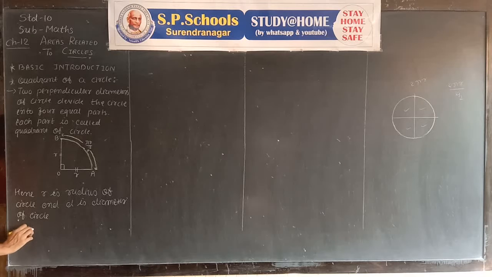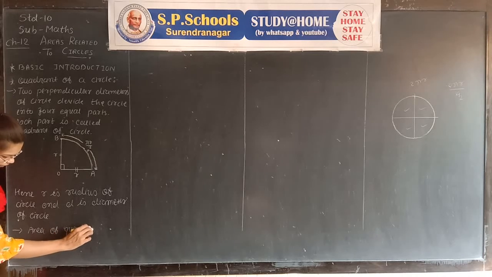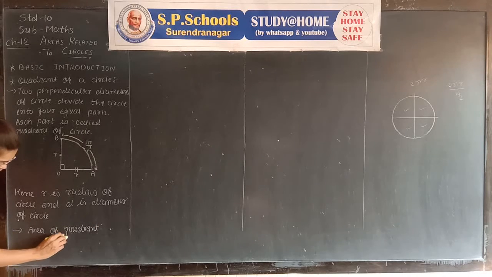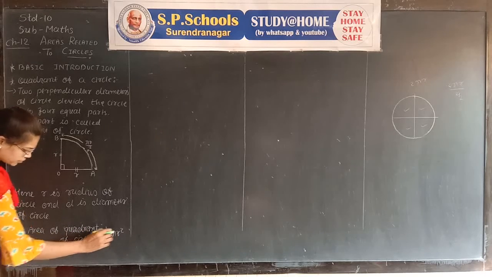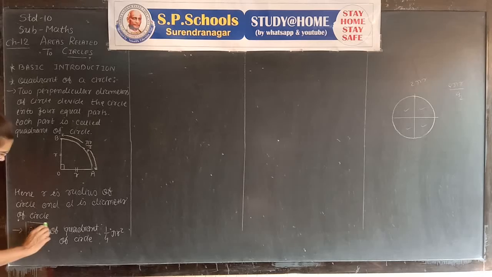First is the area of a quadrant of a circle, which is equal to the fourth part of the area of the circle: 1 upon 4 pi r square. Area of quadrant of circle.